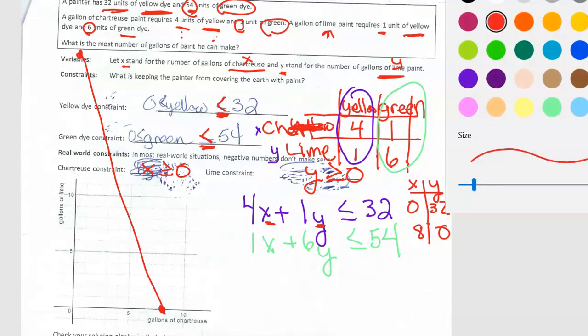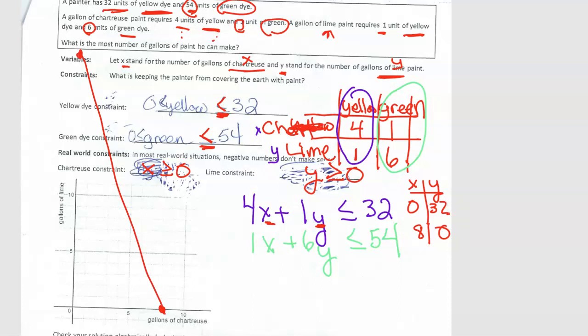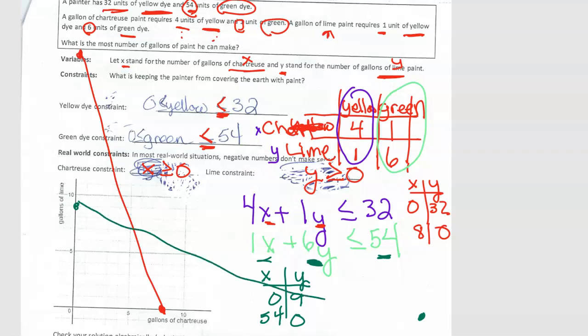Now I'm going to use a darker green. For this one, you could put it in slope-intercept form too if you want. But when x is 0, 6y would be less than or equal to 54, so that would mean it would be 9. And when y is 0, then x would be less than or equal to 54. So once again, I'm way off my chart, way over here somewhere, and 0, 9, again, your graph might be a little better than this, but it would look something like this.